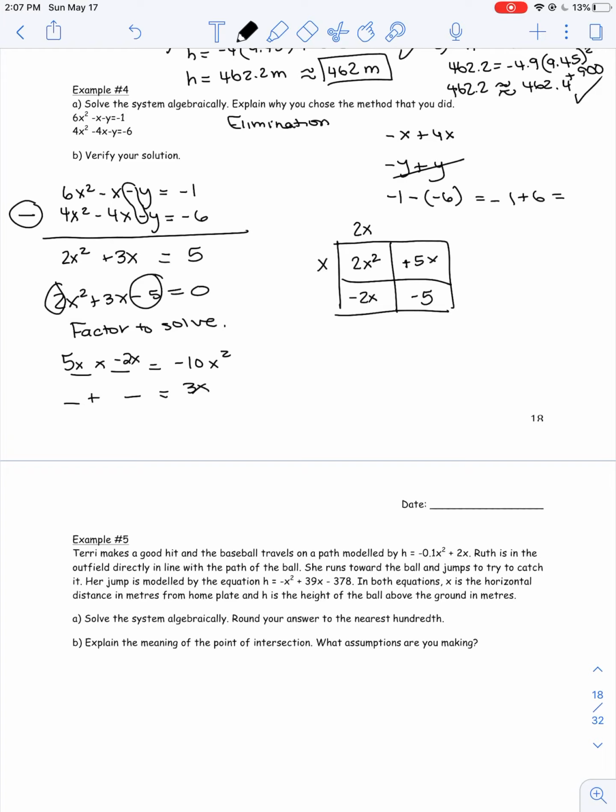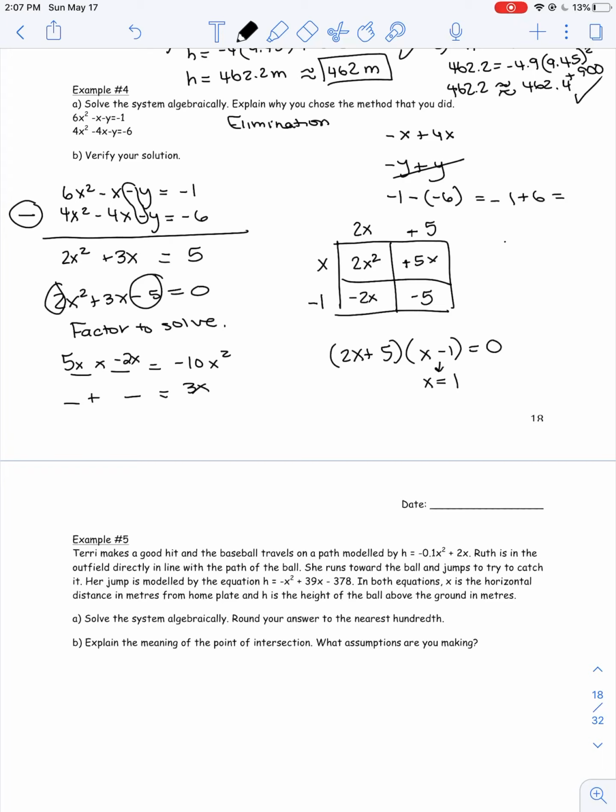And then 2x times x will give me 2x squared. And then to get negative 2x, I'm going to have to make this negative 1. And then over here, you're going to have a plus 5 for it to give you 5x. So that works because you can see that 5 times negative 1 gives you negative 5. So my two brackets will be the top, which is 2x plus 5, multiplied by the side length, which is x minus 1, and that's equal to 0.